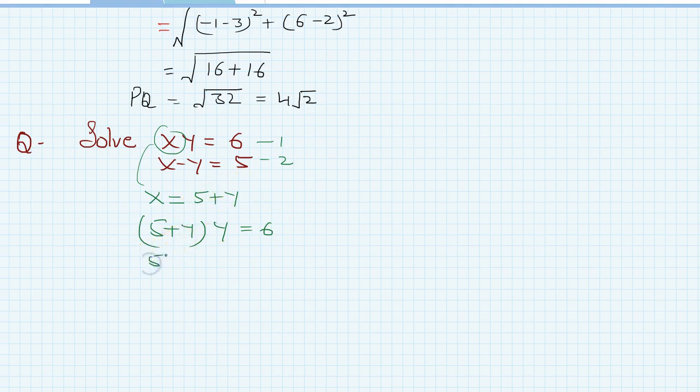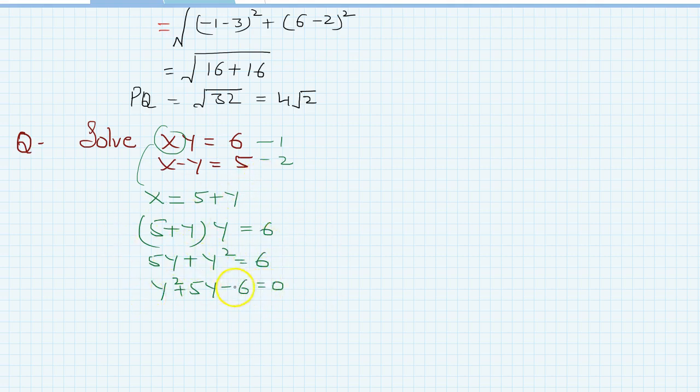So this is 5y plus y square is equal to 6. So this is y square plus 5y minus 6 is equal to 0.